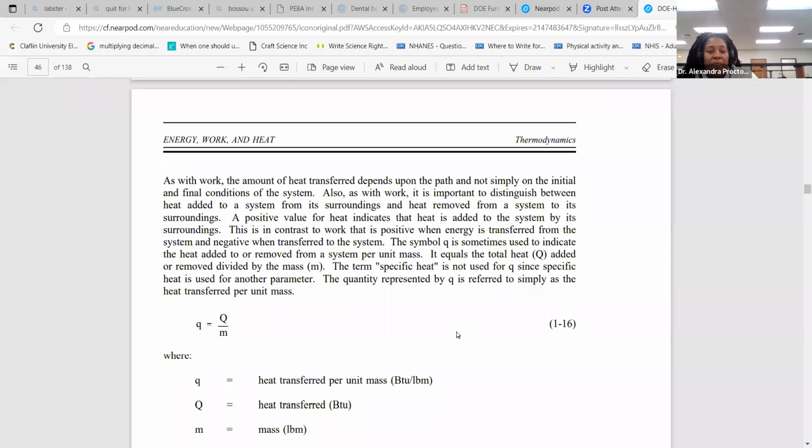The term specific heat is not used for this q, since specific heat is actually another variable, another parameter. So the quantity represented by q is referred to simply as the heat transferred per unit mass.